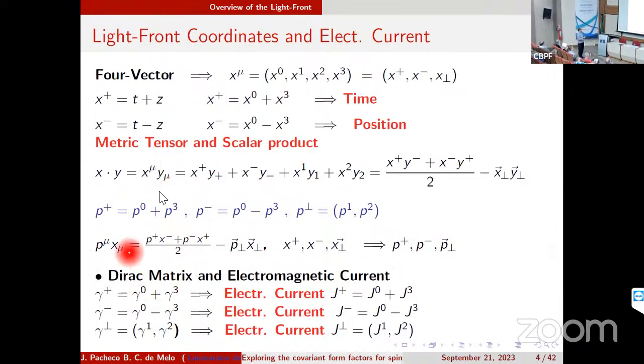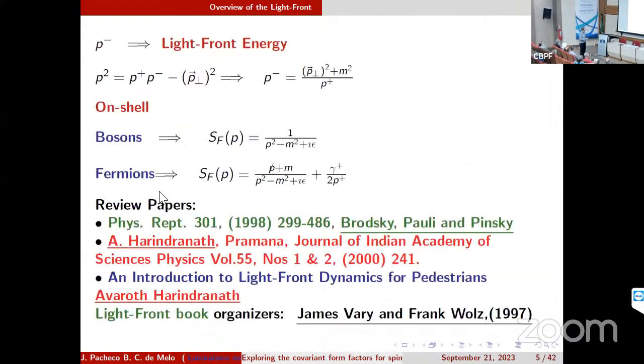Then the four-momentum product is given by this, with the P plus and P minus. The Dirac matrix gamma plus is gamma 0 plus gamma 3, which gives the plus component of the current. Gamma minus is gamma 0 minus gamma 3, and gamma perp is gamma 1 and gamma 2.